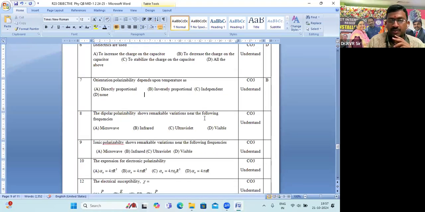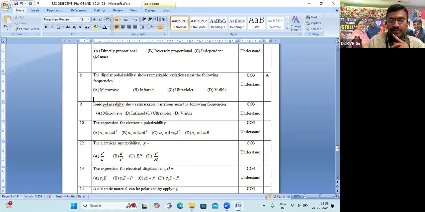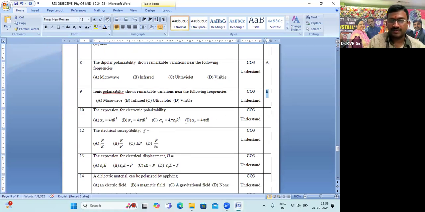The dipolar polarizability shows variations in the microwave region, option A. Ionic polarizability shows remarkable variations in the infrared, so option B is the right answer. The expression for electronic polarizability is alpha suffix e equals 4 pi epsilon naught r cube. Option C will be the right answer.